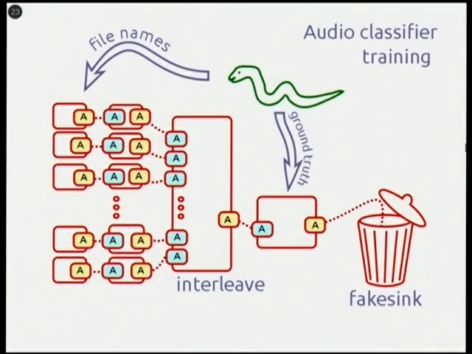Now, one of the things I do is classify audio with a recurrent neural network. And to train it up, you need to play it lots and lots of audio.